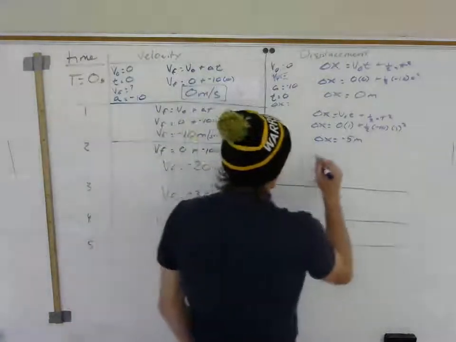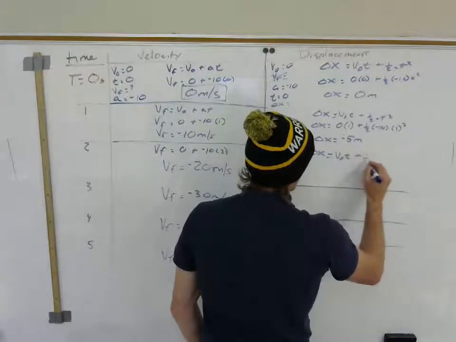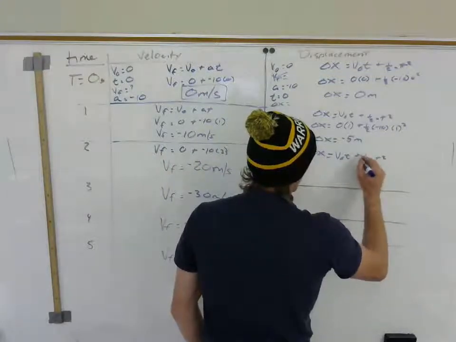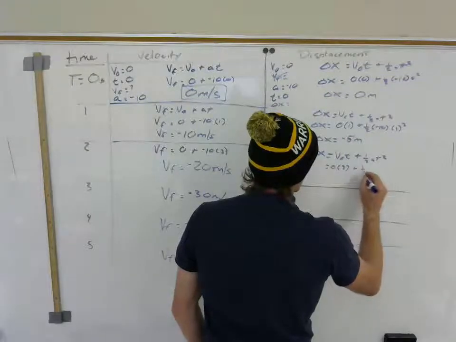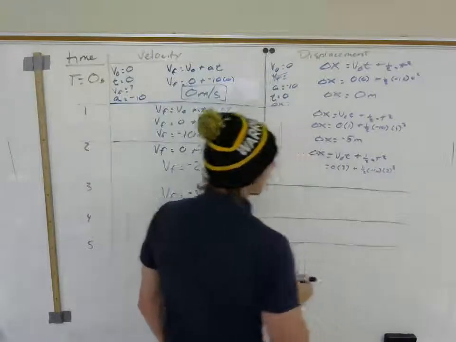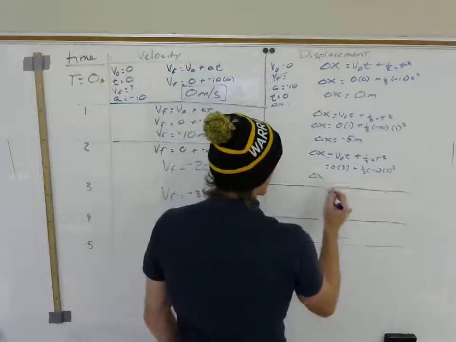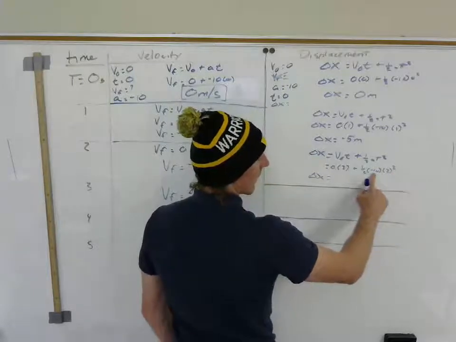So we do the same thing for the next one. Same equation: v naught t plus 1/2 at squared. 0 times 2 plus 1/2 times -10 times 2 squared. So my displacement equals 2 squared, which is 4, times -10 is -40.